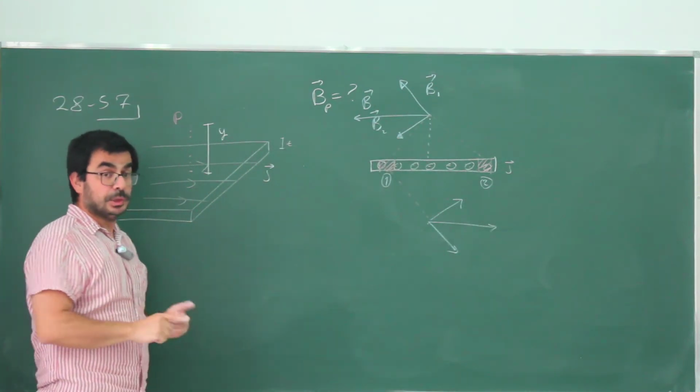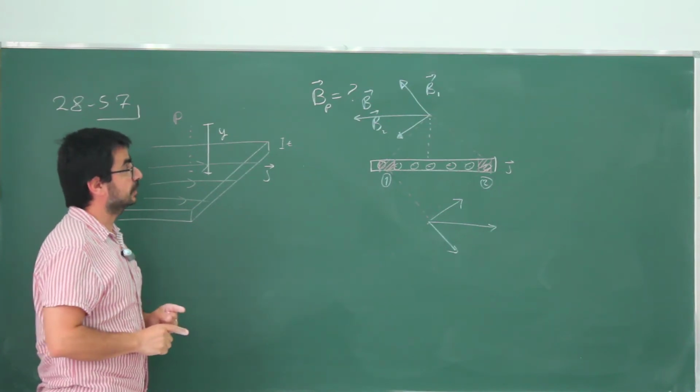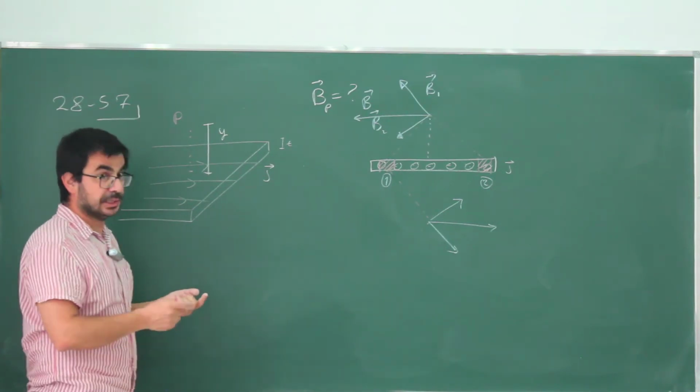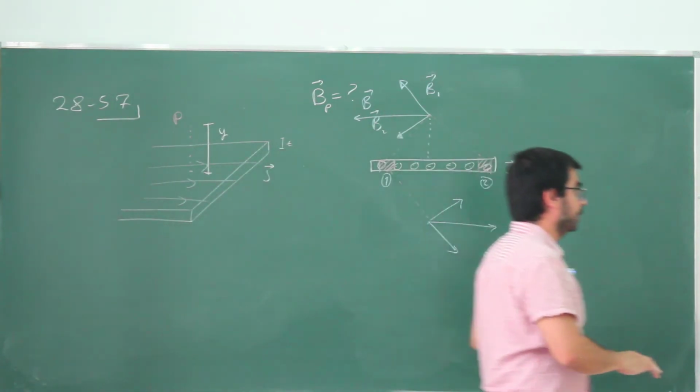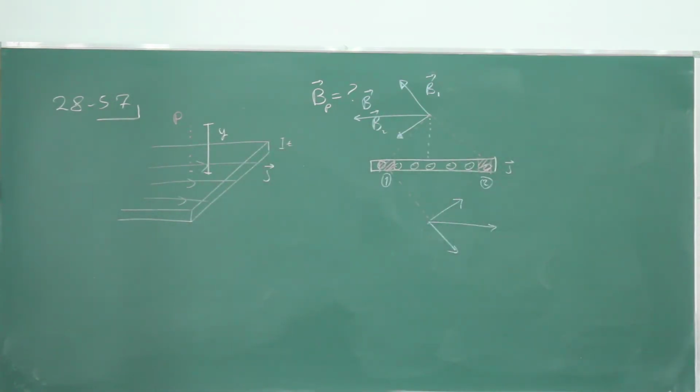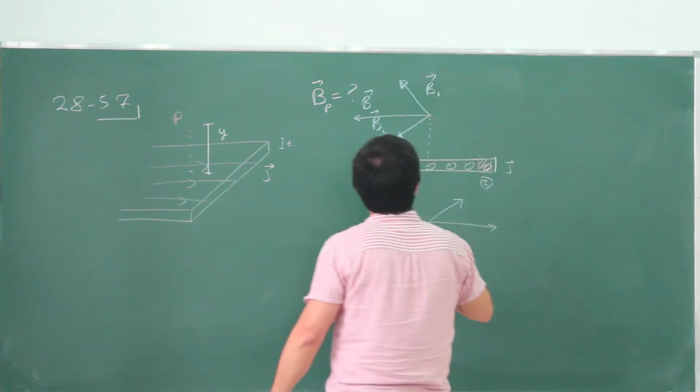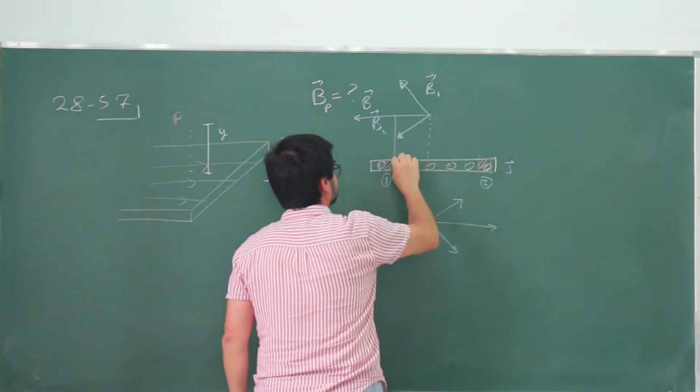Now, once I know the direction of the magnetic field is in this fashion, I can draw an Amperian loop and apply Ampere's law. I'm going to pick up a different color of chalk, and the loop I choose to draw is going to look like this.